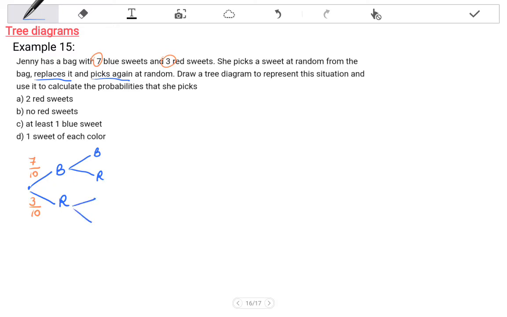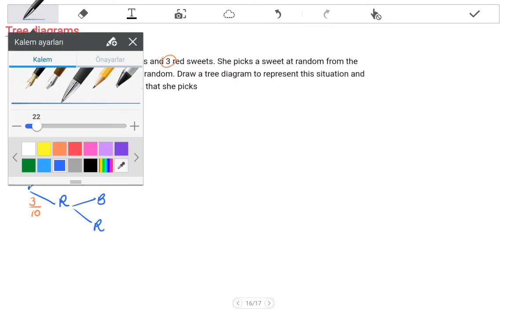Also, suppose that the first choice was a red. She saw the color, put it back into the bag and chose another one, and from this option we have blues and reds in the bag.